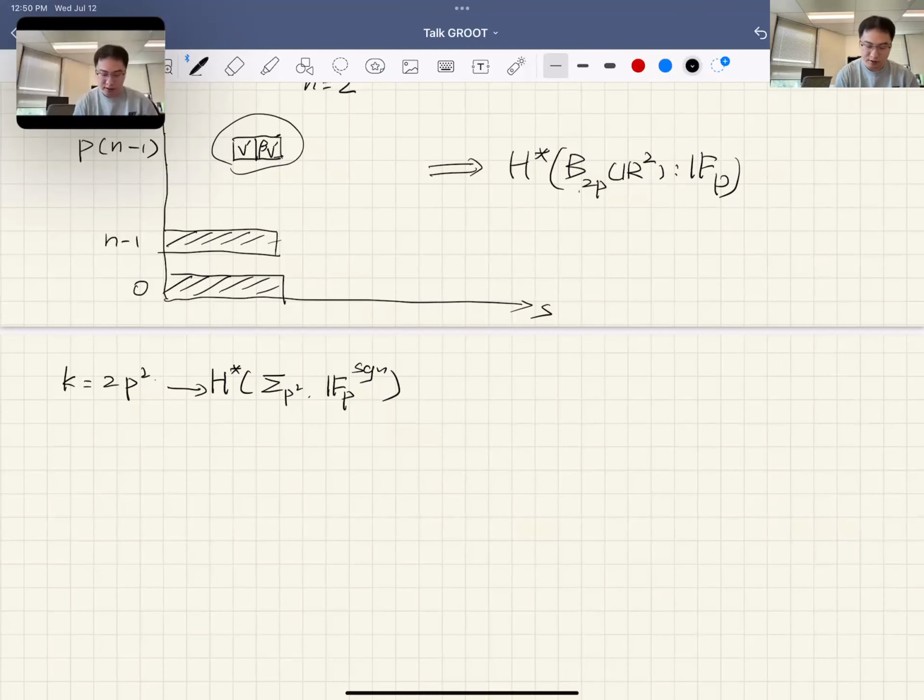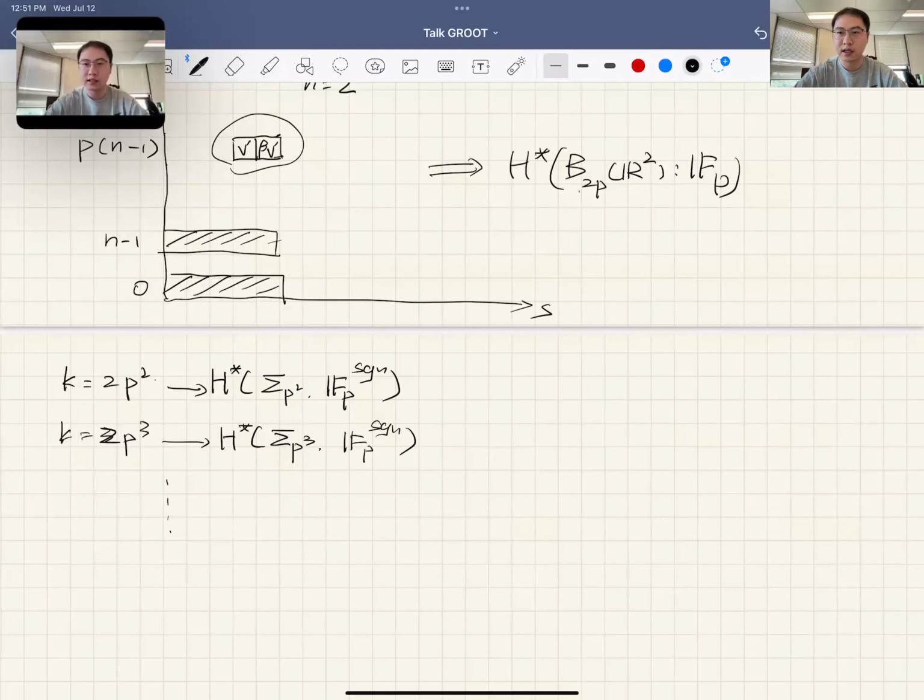And for k equals 2p cubed, you may guess that this is related to H star of sigma p cubed of F p with sign representation, and so on. So that's how far I have done so far. And thanks.